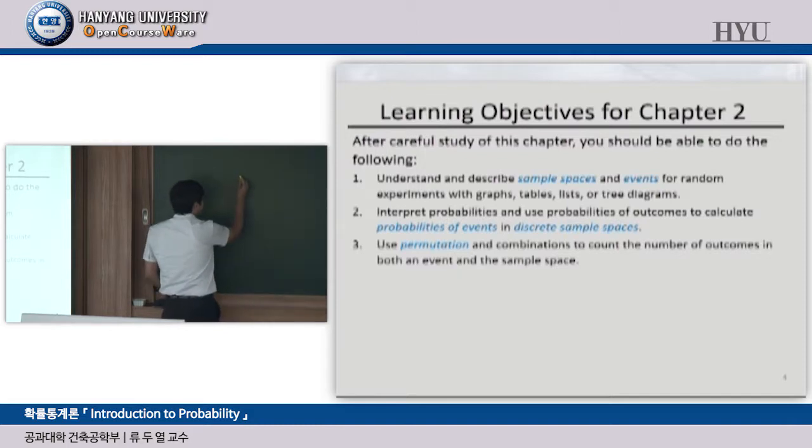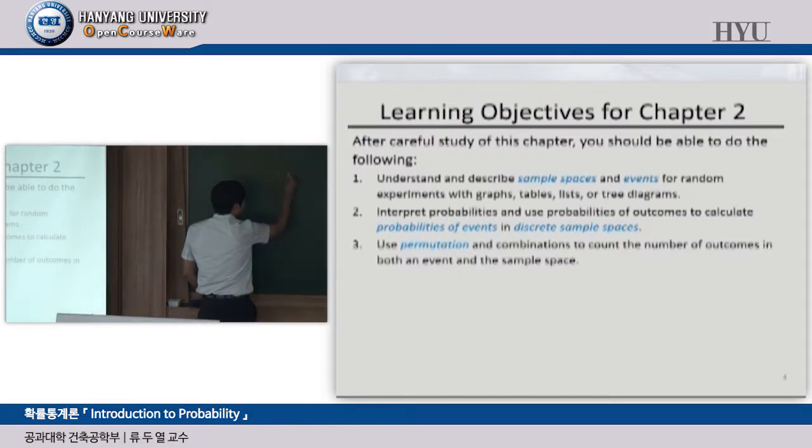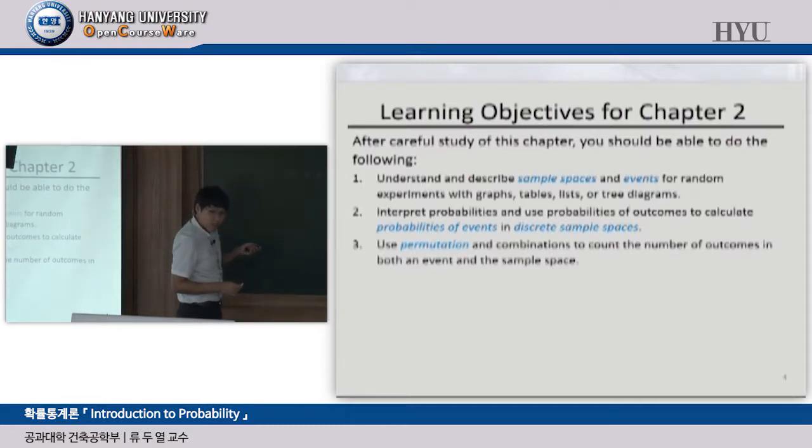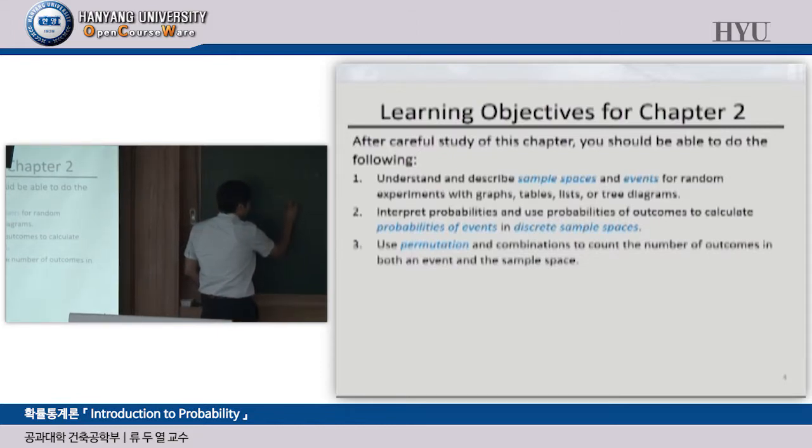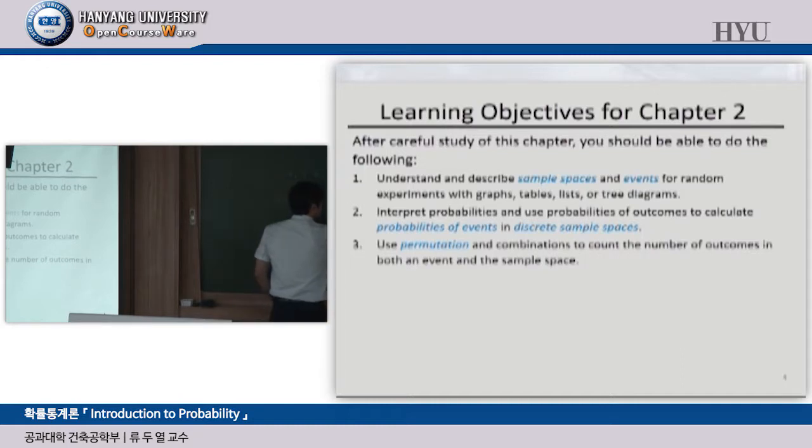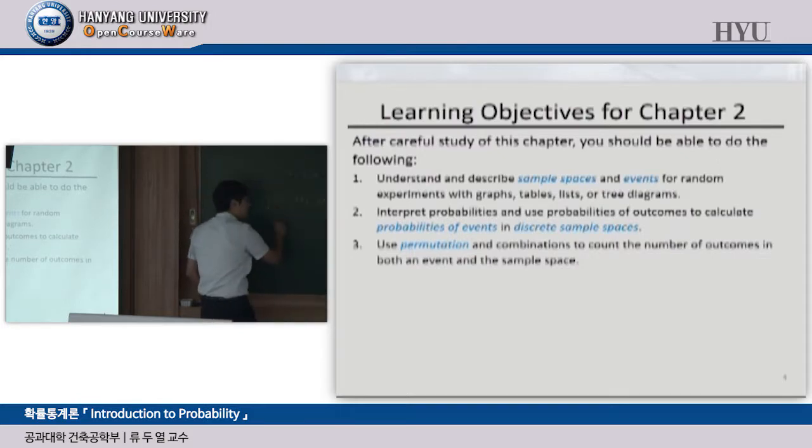If we assume that there are three items called X, Y, Z, the permutations of these items will be XYZ, XZY, YXZ, YZX, ZXY, and ZYX. So this is the permutation of these three items.